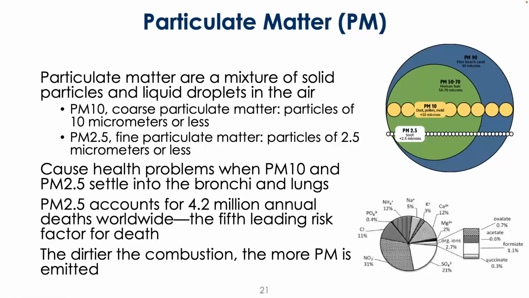So PM 90 refers to something about 90 micrometers or less, right? And so that would be the equivalent of like a grain of sand. PM 50 to 70, so 50 micrometers up to 70 micrometers. That is about the width of a human hair.